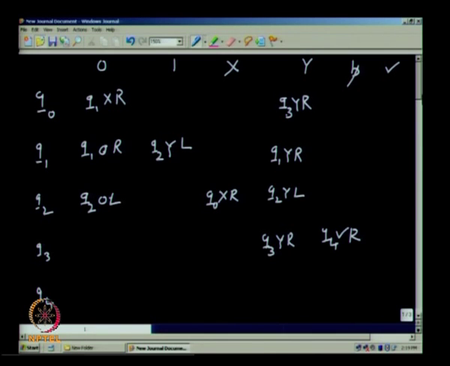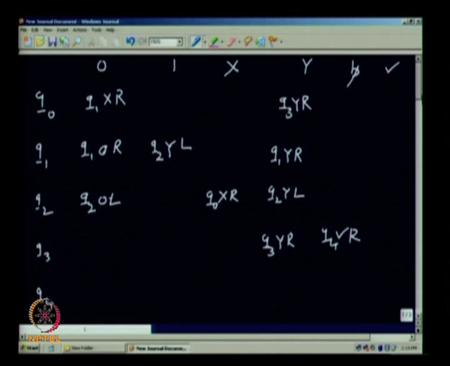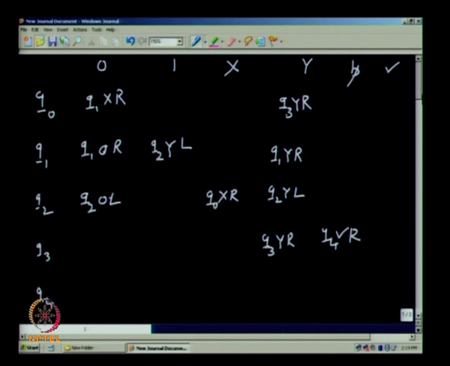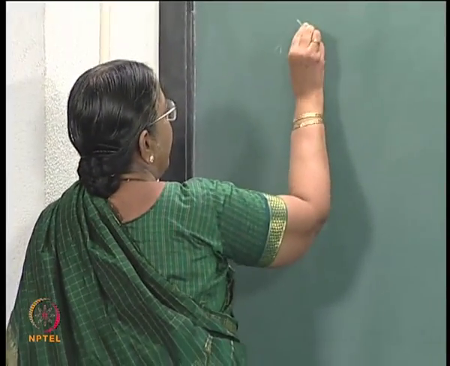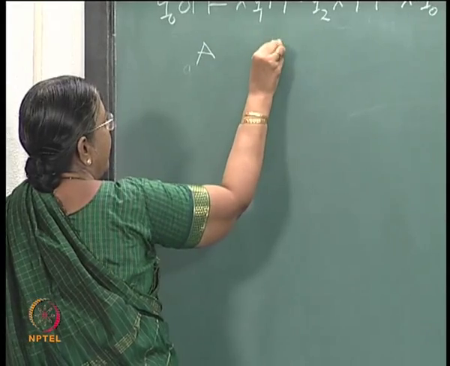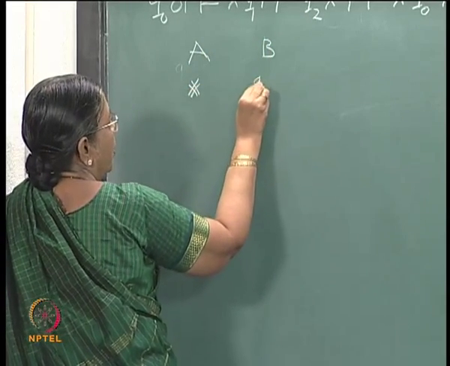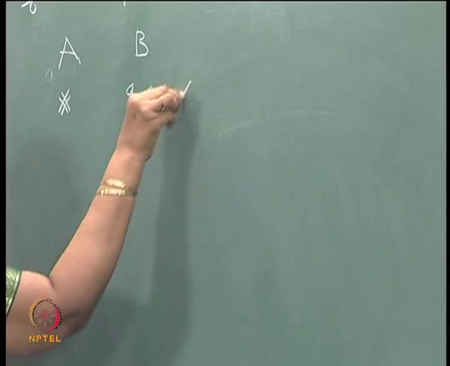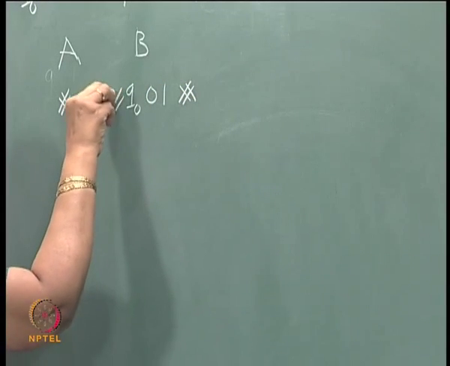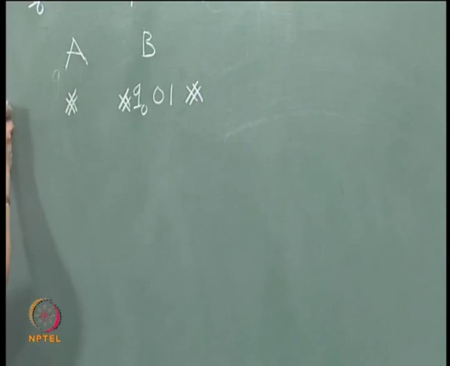Now, from the moves, how do you construct two sets of words for the PCP? Two sets A and B. The first one is hash and hash, Q naught W, here Q naught 0 1 hash. This is the initial pair.